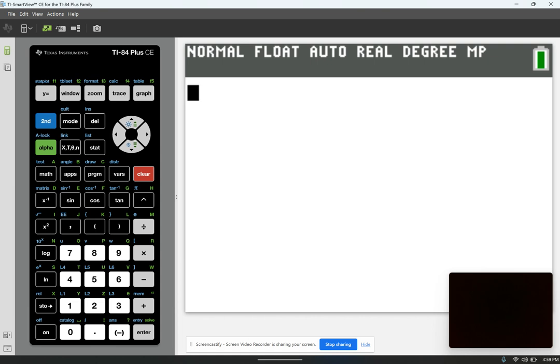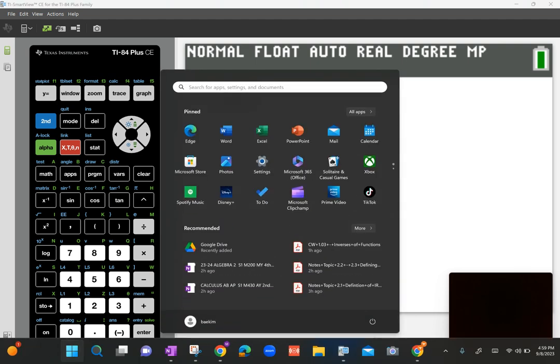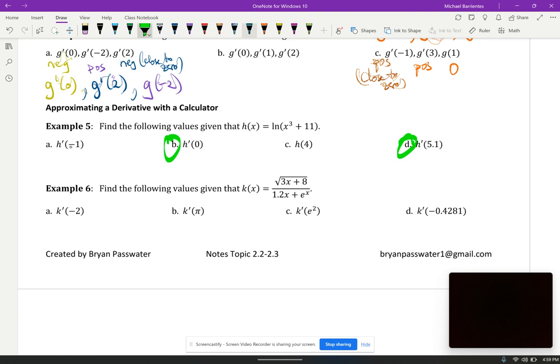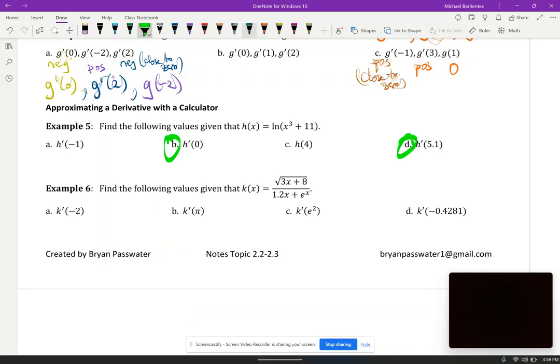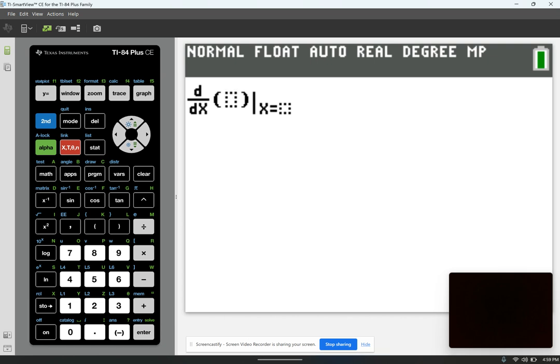So I'm going to go to math, option number 8. We're going to find a derivative with respect to x, and I'm going to type in the formula in terms of x. What was the formula? The natural log of x cubed plus 11.